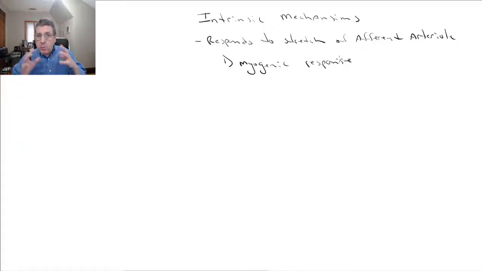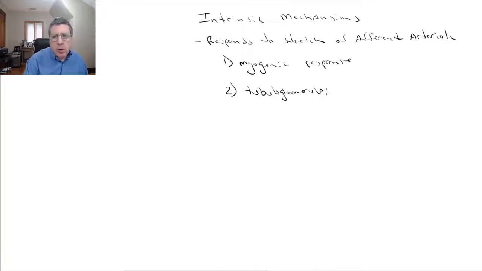Myogenic, that word myo should automatically get your mind thinking muscle. Okay, so this is going to be kind of a muscle response to this. The other one is going to be tubuloglomerular feedback mechanisms.